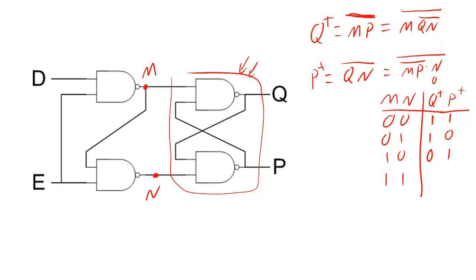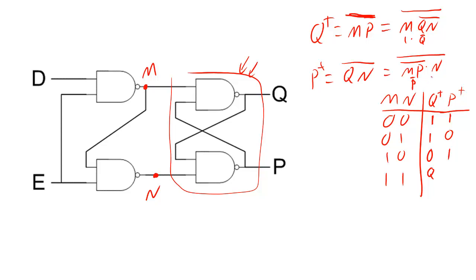Okay, and then we've got two 1s. And so here we've got, this becomes Q bar. 1 and Q becomes Q bar. And then 1 and Q bar is Q bar. Then we complement Q bar, and that becomes Q. And then we've got here M, 1 and P becomes P, but then we complement it, so it becomes P bar.